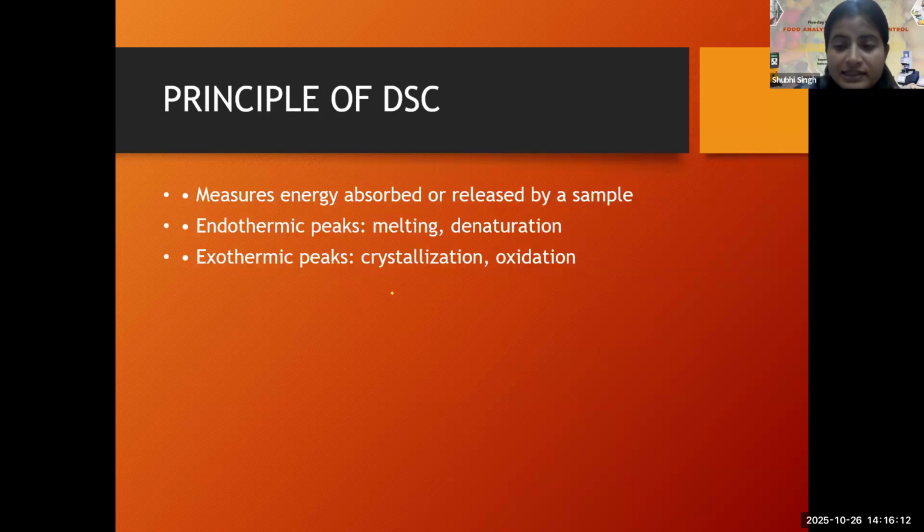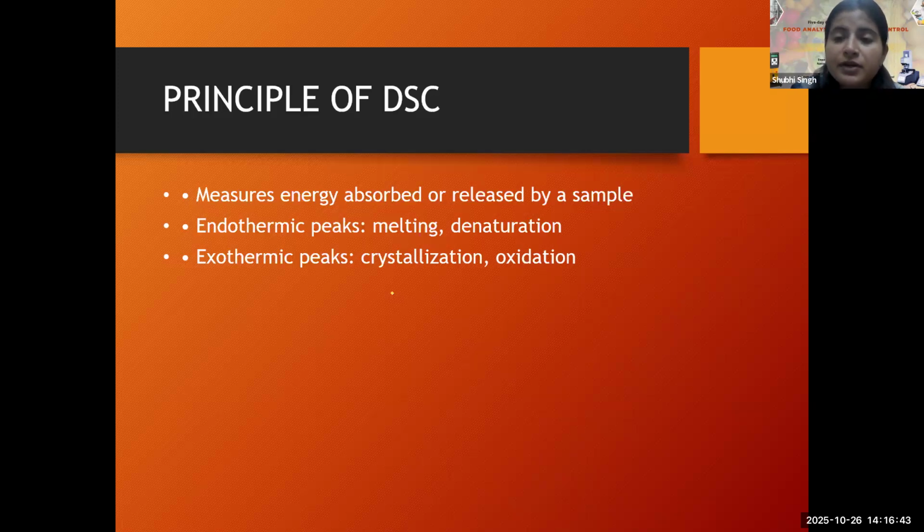Principle of DSC: the basic principle of DSC is that when the sample experiences a thermal event, there is a difference in heat flow between it and the reference material. The reference material, as I have already said, we can take as water, and our sample will be the food matrix, whether it is a starch matrix or a protein sample, anything you can use.